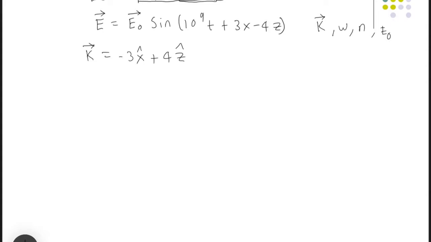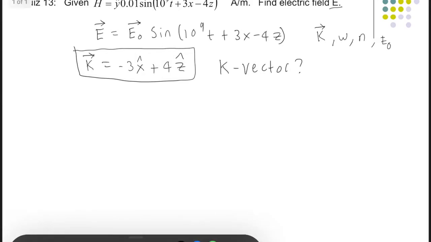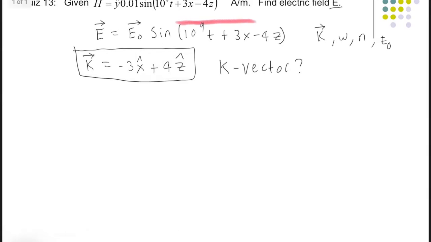Now, you might be asking yourself, how did I find the k vector? Well, the expression inside the sine function is what we call a wave function.